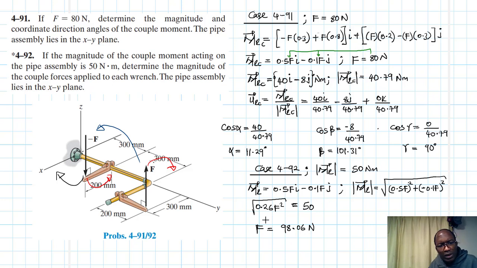Right, so let's outline the solutions. We have the moment vector for the first case. Okay, and we have this magnitude. All right, and then we have the directions for each one of them, right?